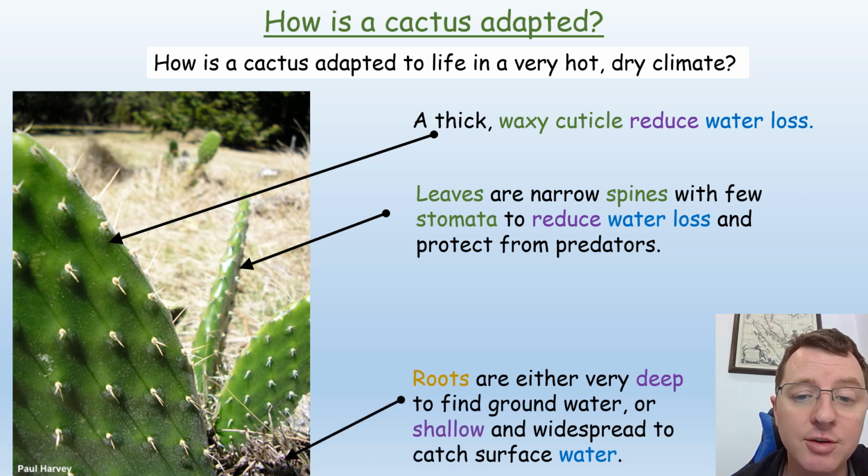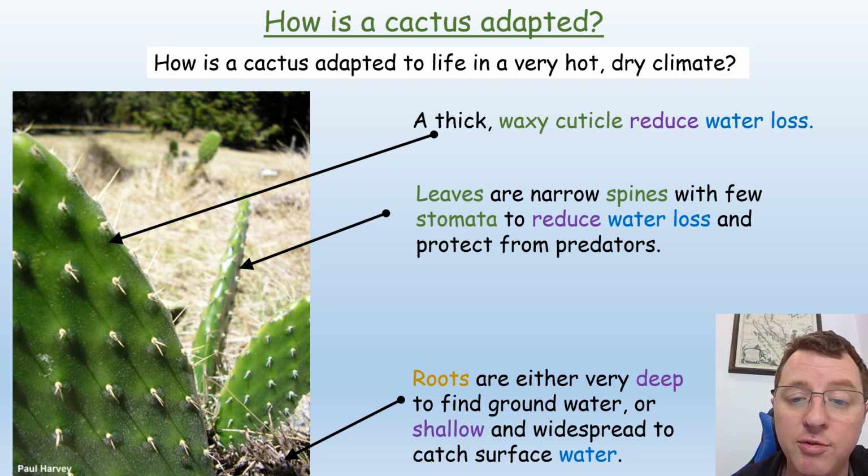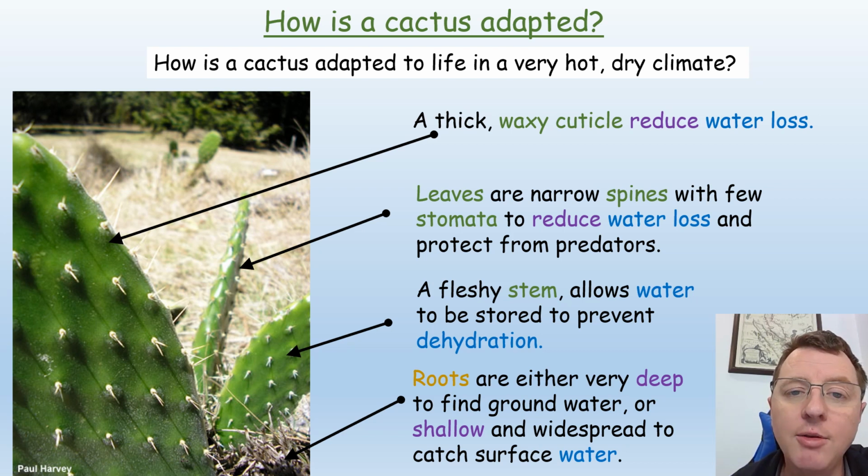Roots of a cactus can either be very, very deep to help them find groundwater buried many, many meters below the desert surface, or they can be very shallow and widespread to catch any rain and any surface water, any moisture from condensation or fog that may be around. And most cactuses have a fleshy stem which allows water to be stored and helps to prevent dehydration.